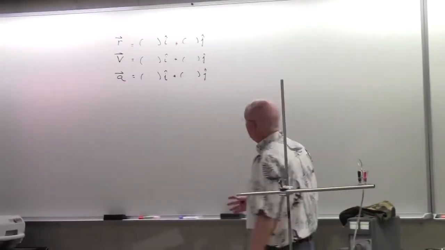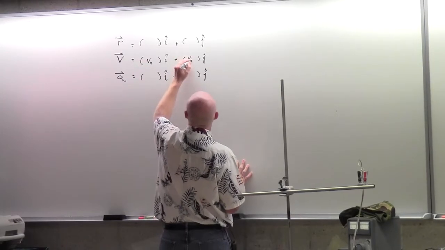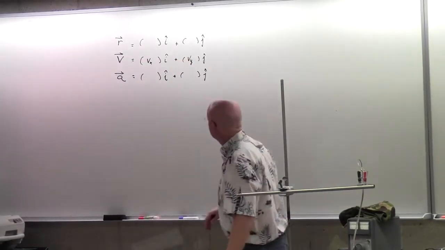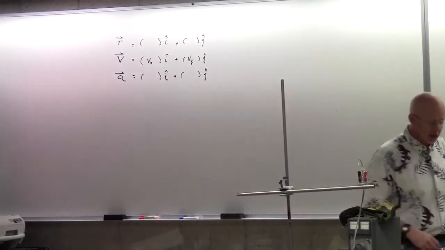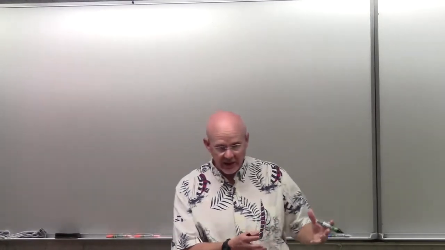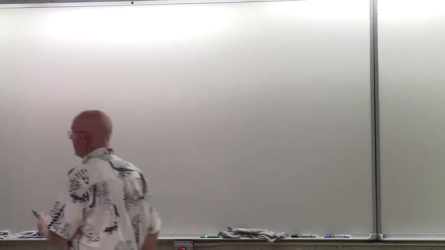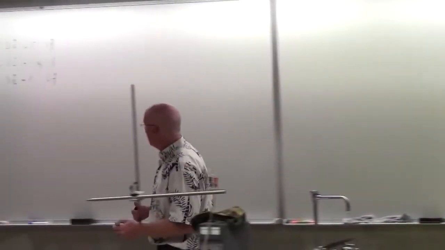So putting this in terms of notation, I'm going to throw out a new notation that we're going to see as we get started in Chapter 4 in a few minutes. We'll say the velocity has two parts to it. The velocity has an x component, which is a measurement of how much it is moving on the x-axis, and a y component. Those will be the symbols we use, v_x and v_y.